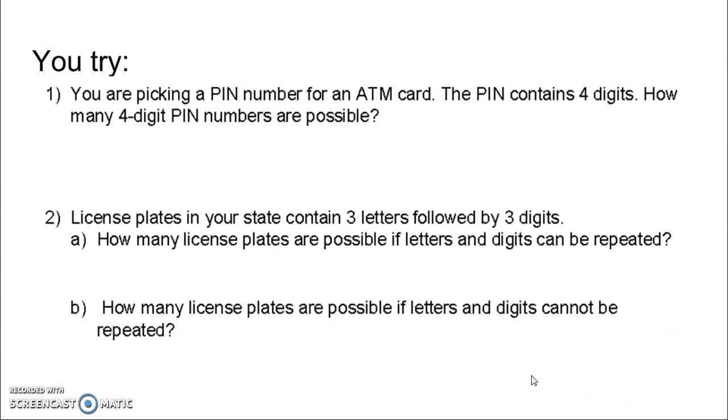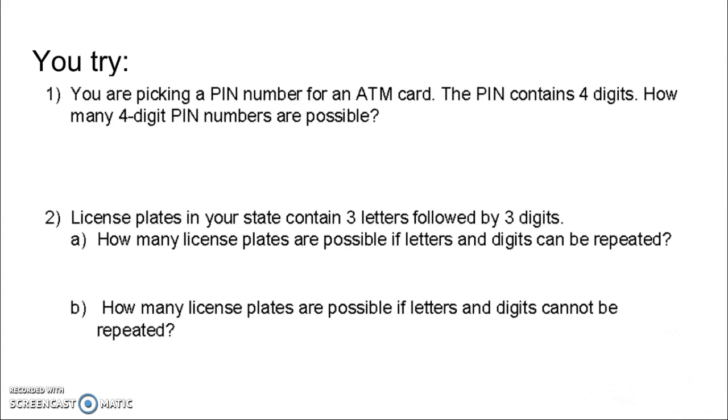So we think to ourselves, how many letters can I select from for that first box? Well, there's 26 letters, right? And if they can be repeated, I can use any of those 26 again. And then for the third position, there's still 26. And now 3 digits. Well, 3 positions, any of them can be 0 through 9. So there's 10 possibilities for the first digit, 10 possibilities for the second digit, and 10 possibilities for the third digit.